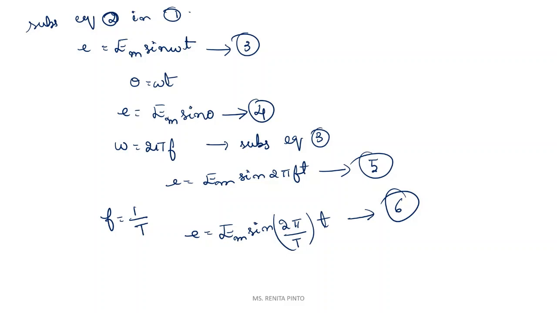So let us now draw the graph of the sinusoidal EMF. The EMF induced is varying as the sine function of the time angle, right? So we already know we will get a waveform with a sinusoidal shape.